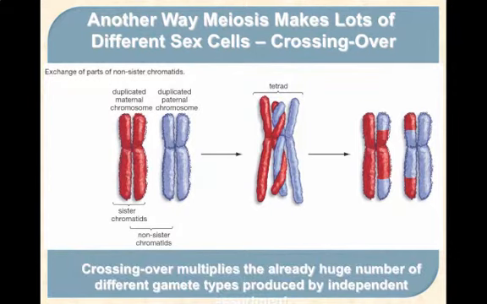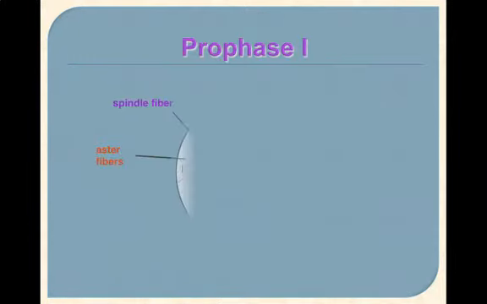So it already multiplies the amount of different gametes we can get that is produced by the independent assortment. We have no control over which chromatid goes where, but by doing this we are also increasing the genetic variability, which allows us to sustain our populations.